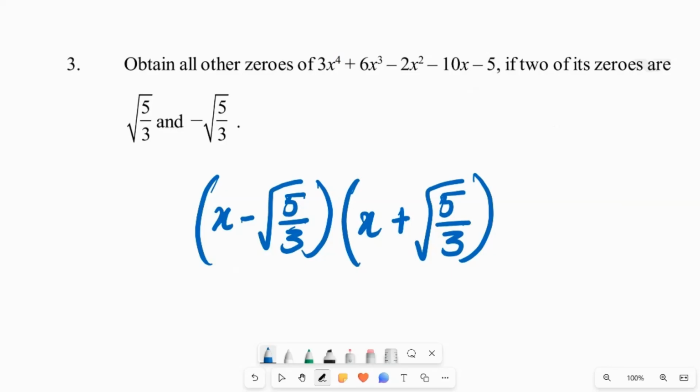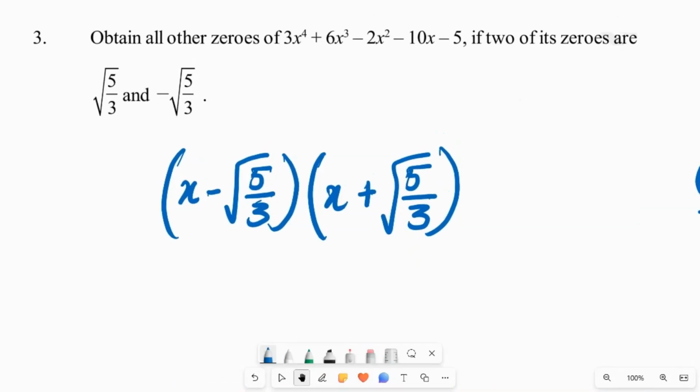question number 3, they told us root 5 by 3 and minus root 5 by 3 are the zeros of this biquadratic equation. So if I write them as factors, this would be x minus root 5 by 3 and the second one would be x plus root 5 by 3, right? So I'm going to divide the biquadratic equation with these 2. Instead of dividing it 2 times, I'm going to multiply these two expressions and divide at the same time.